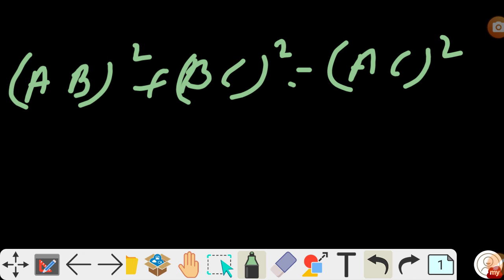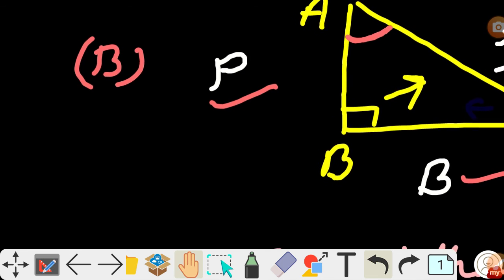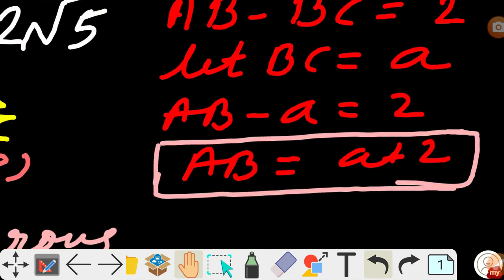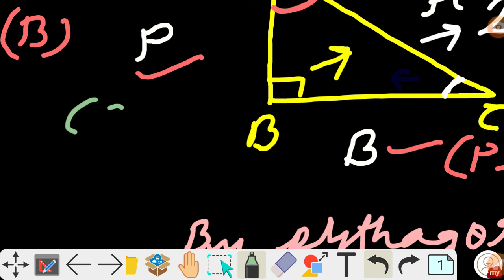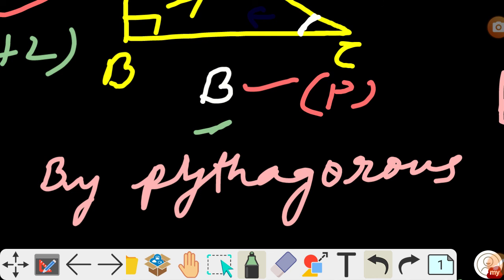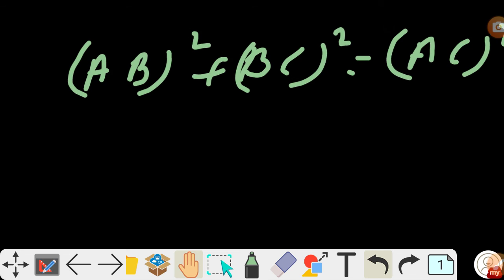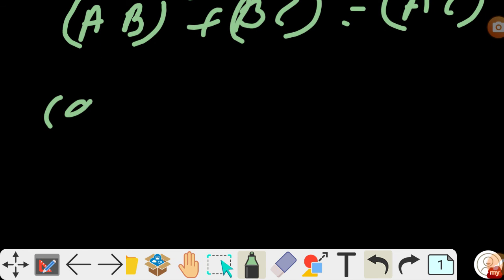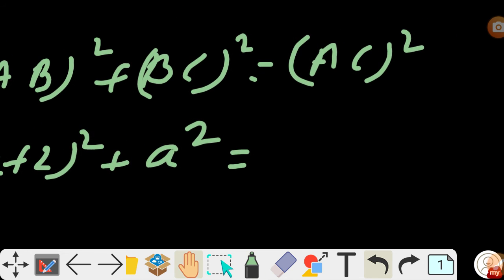So now put the value of all these terms. AB we have here a plus 2, and BC we have here a, and AC is 2 root 5.